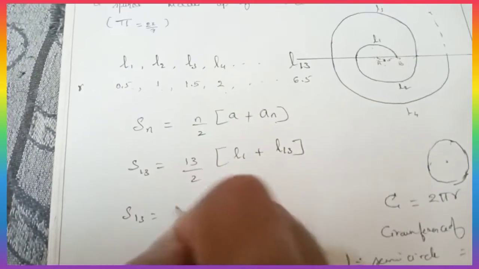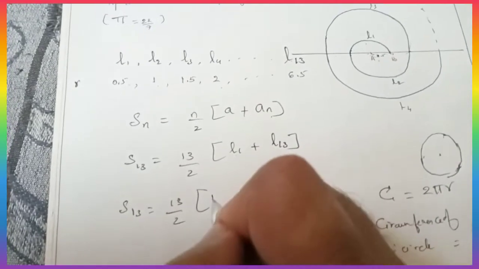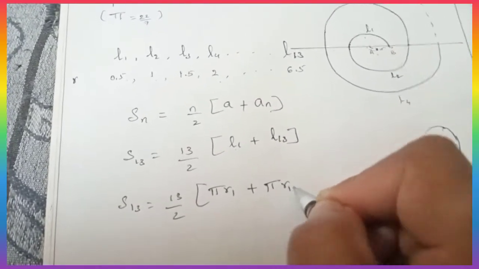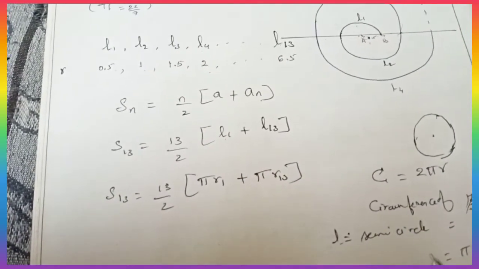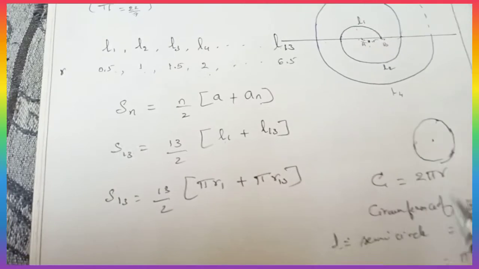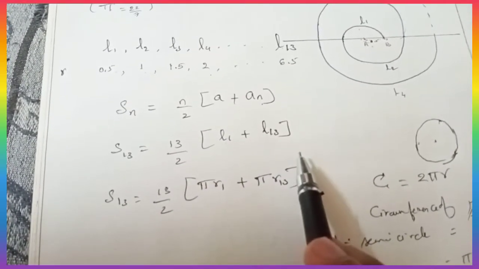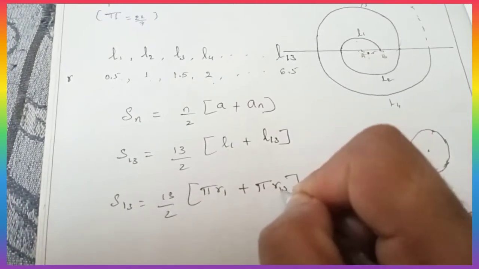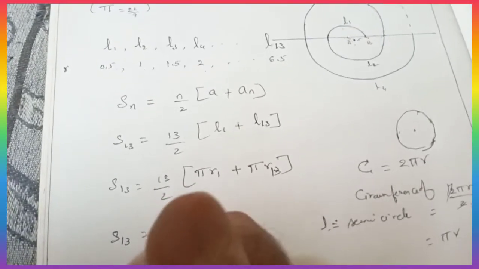So S13 equals 13 by 2 into L1 plus L13. L1 means pi r1. L13 means pi r13, the circumference of the 13th semicircle, therefore it is pi r13.